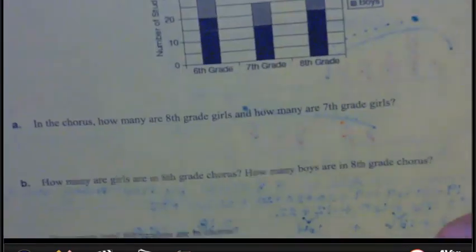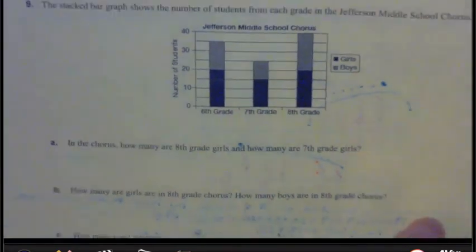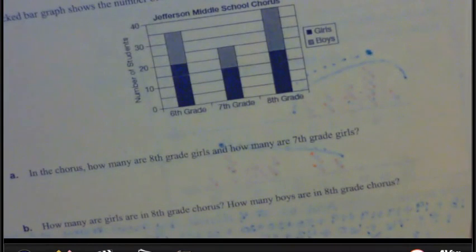All right, number 9. A stacked bar graph shows the number of students from each grade in Jefferson Middle School chorus.